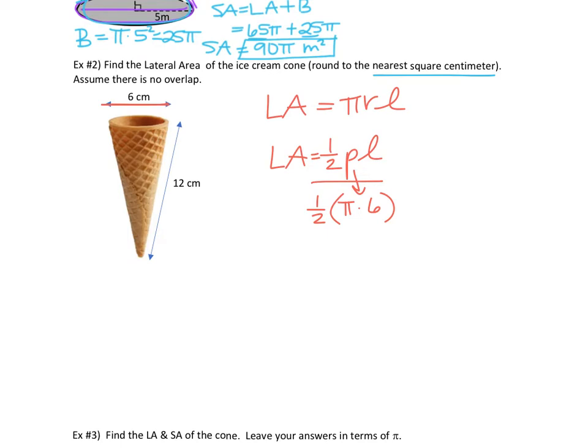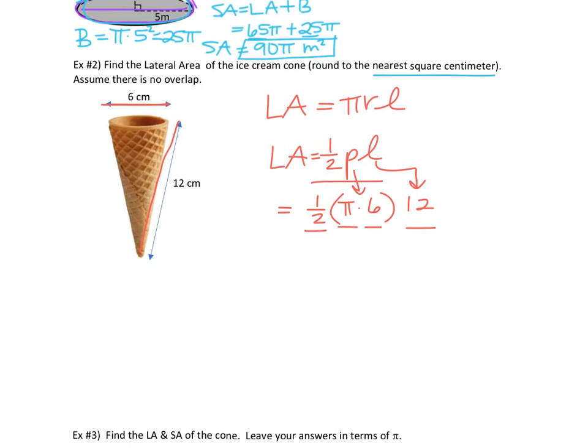I had to pause. But now you have 1/2 times pi times d, and then your slant height is here for you. That is 12. So you're going to plug in 1/2 times 6 times 12. Actually, no. They asked for the nearest square centimeter, so you can just plug this whole thing in: 1/2 times pi times 6 times 12.